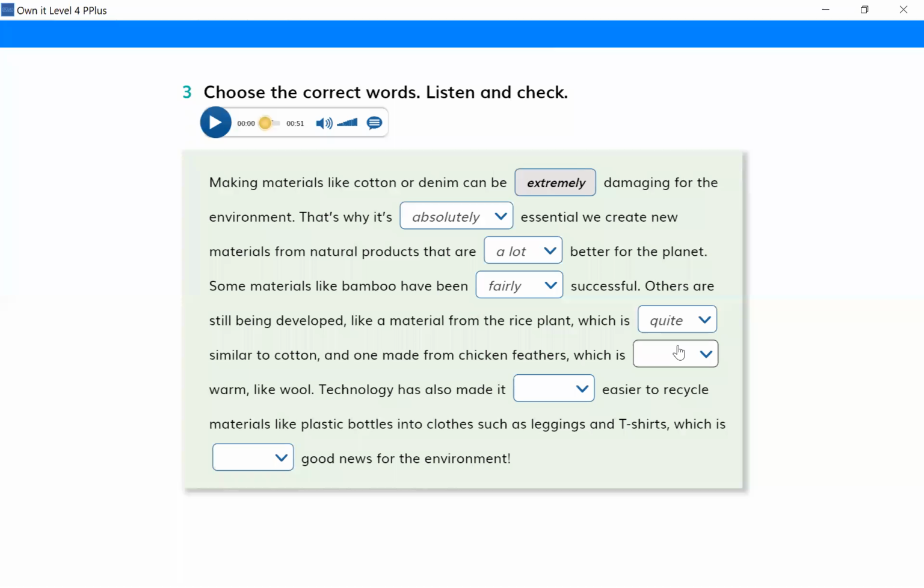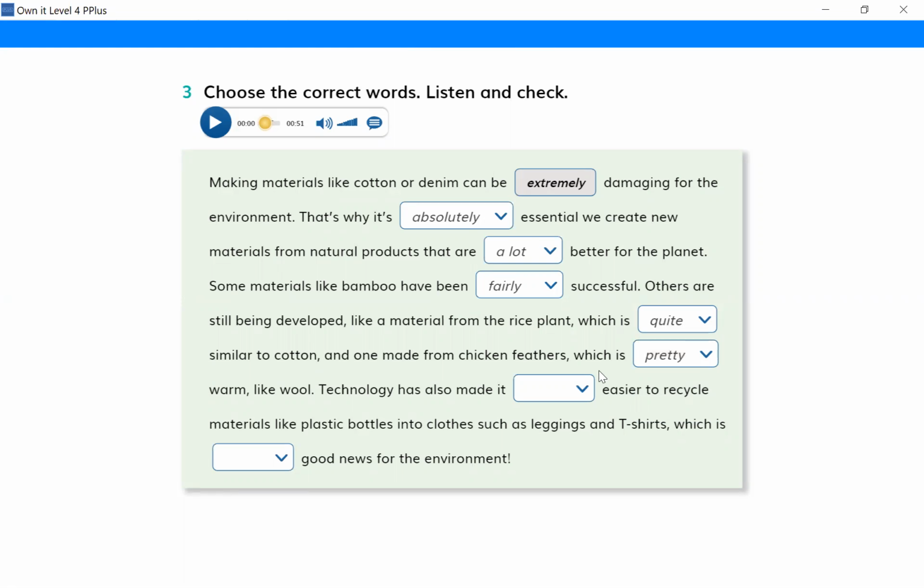Okay, quite similar to cotton. And one made from chicken feathers, which is pretty warm like wool or a bit warm like wool. The same logic as quite here actually. Same logic lies here in this sentence for the gap.